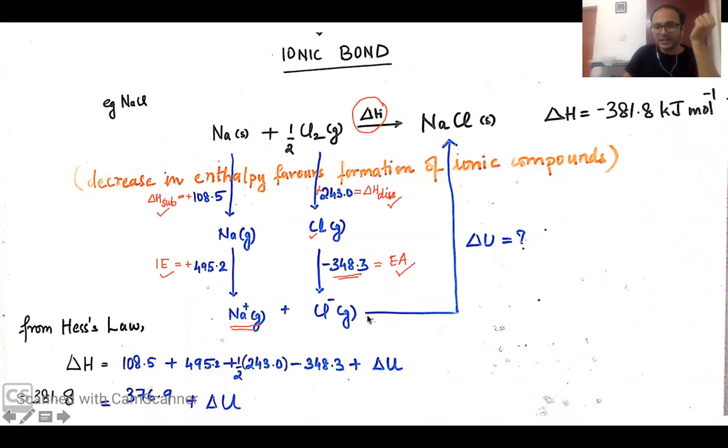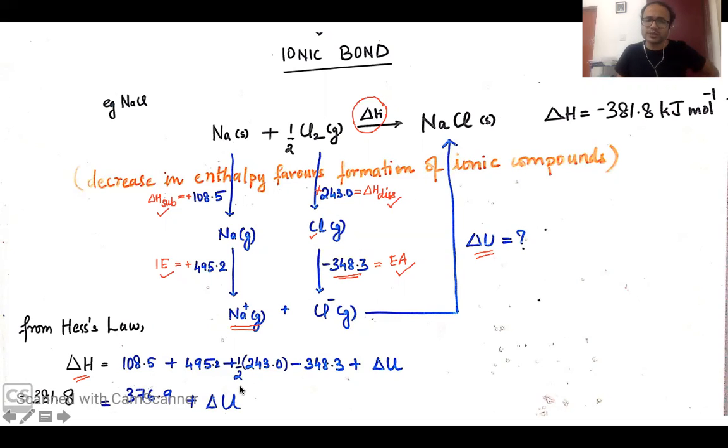And then ultimately this last step, which I am representing as delta U, which I'll be explaining. So according to Hess's law, we can write delta H to be an addition of all these things, because this is an alternate route to reach sodium chloride.